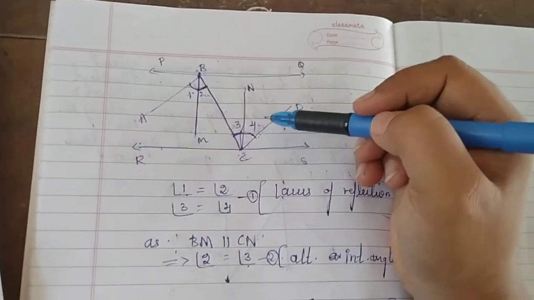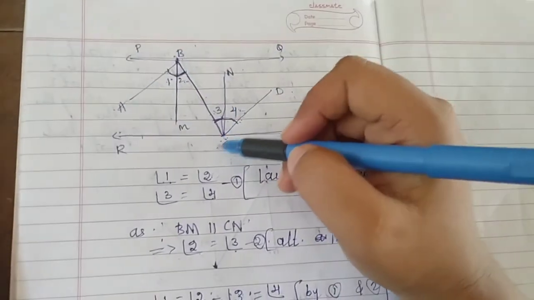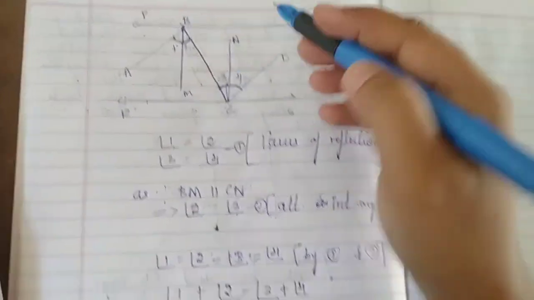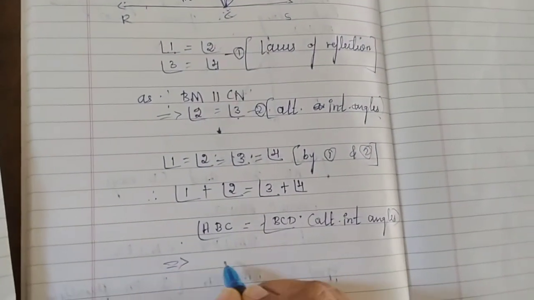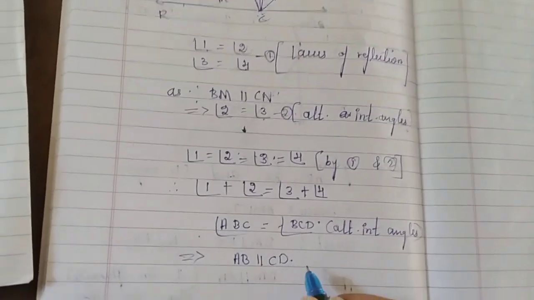We have studied this statement. So based on that, I am going to write here AB is parallel to CD, because the alternate interior angles are equal. So this is your proof.